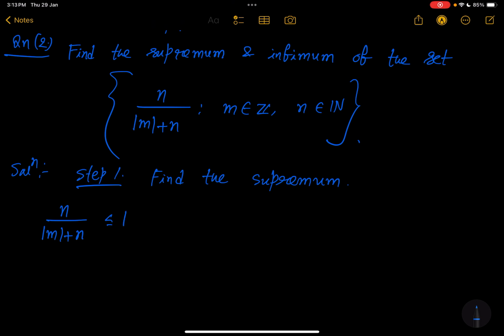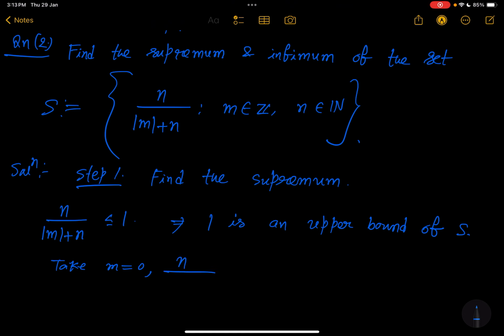This is always less than or equal to 1, and that implies that 1 is an upper bound of this set. Let's call this set S. Now take m equals 0. Then an element of this set, for any n belonging to N, is nothing but 1, and this belongs to S, because all the elements look like n by mod m plus n. In particular I can take m equals 0, so I get this.